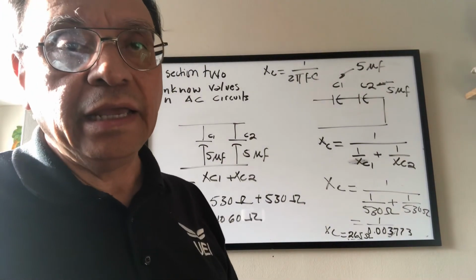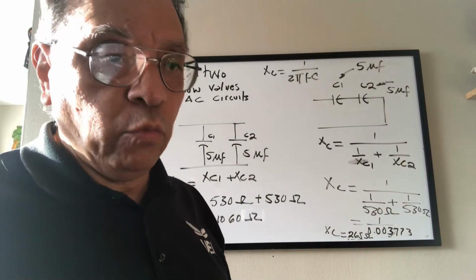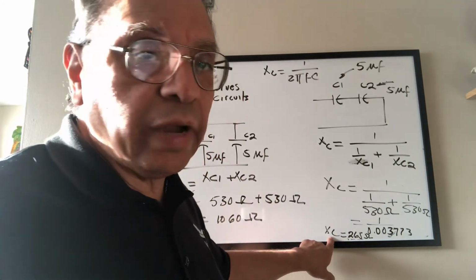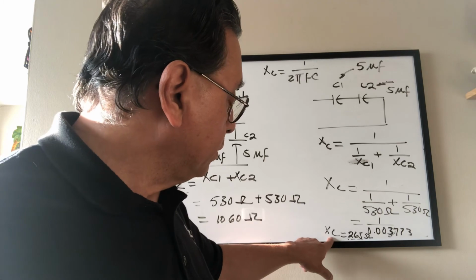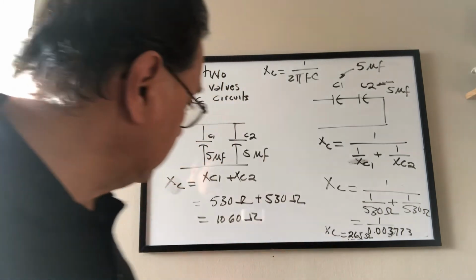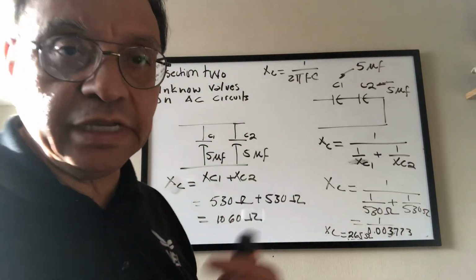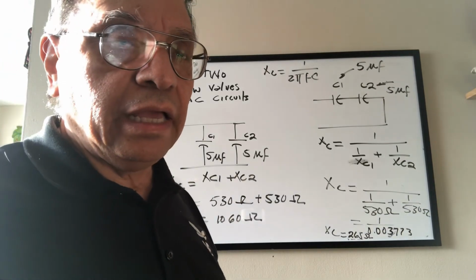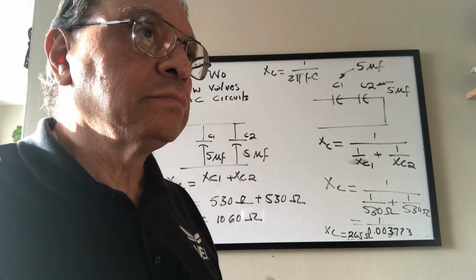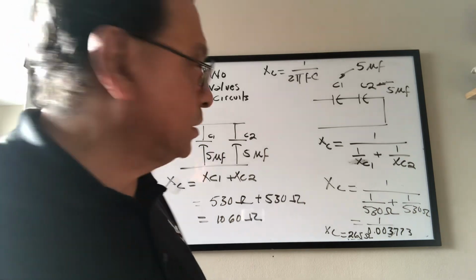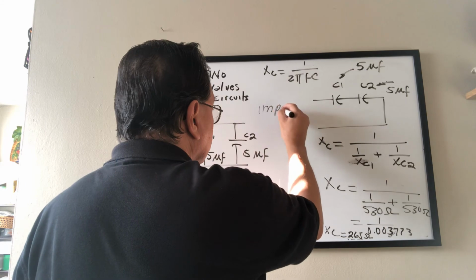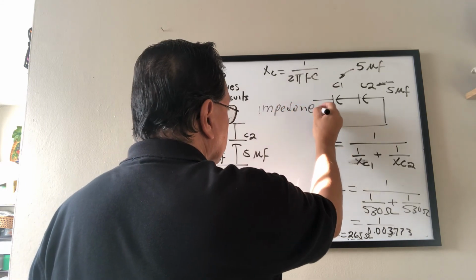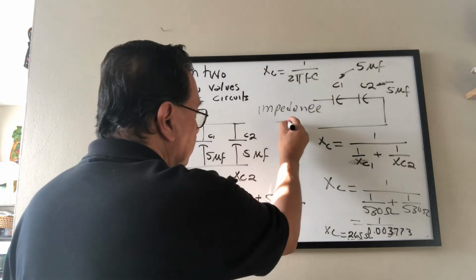And this is the way that you calculate the total resistance presented by inductance and capacitance. When you do this, this is known as impedance. Capacitive impedance, and if there is an inductance, inductive impedance.